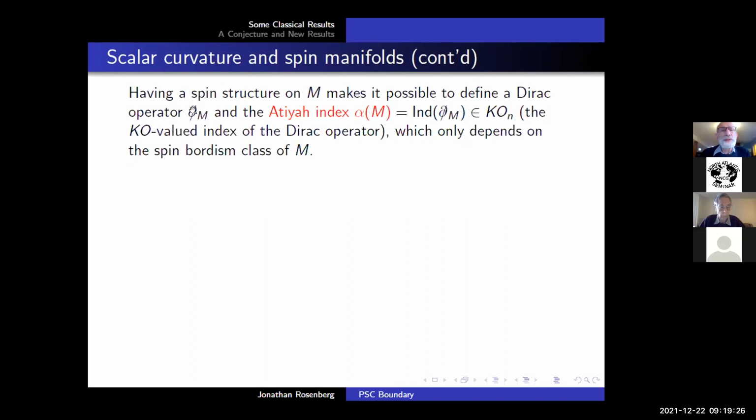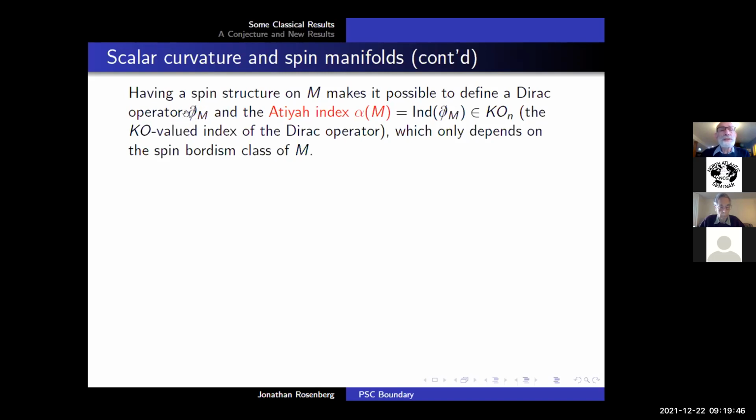That's the one that's needed to get this class in KO homology, which we're going to use. So if you have a spin manifold, then you can define this Dirac operator. We're assuming we fixed a Riemannian metric. It doesn't matter which metric you choose.